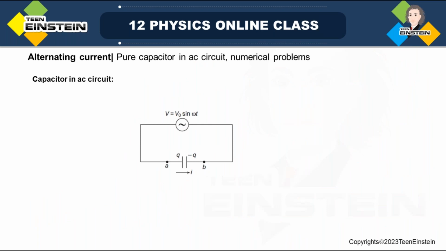So today we'll be learning about the current voltage relationship in case of a pure capacitor when it is connected in an AC circuit and an alternating voltage V is equal to V0 sin omega t is supplied. Okay, then what happens?